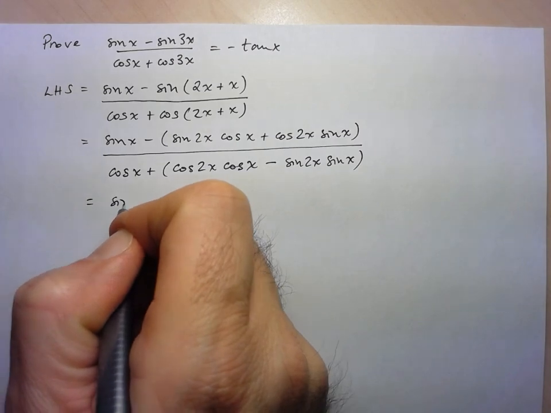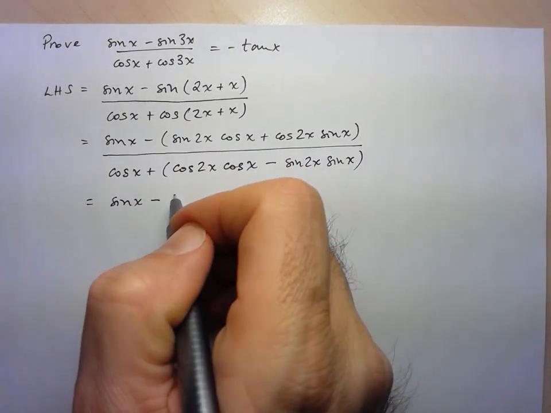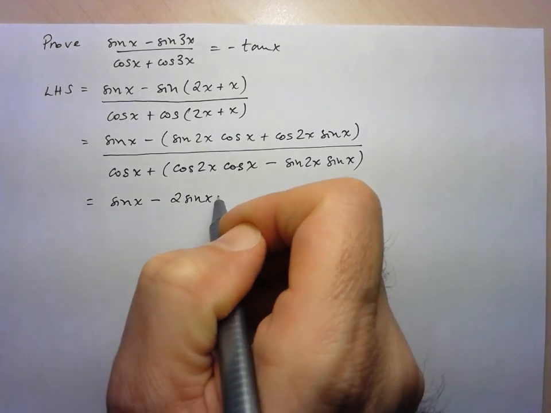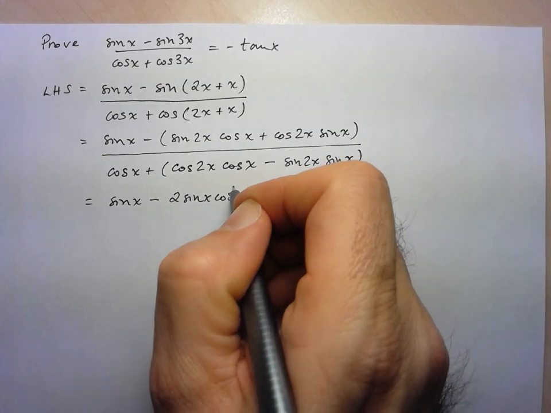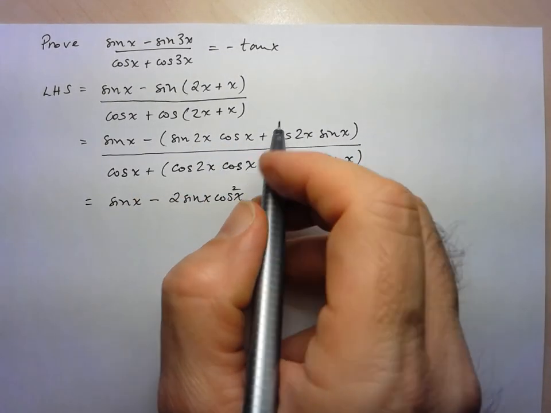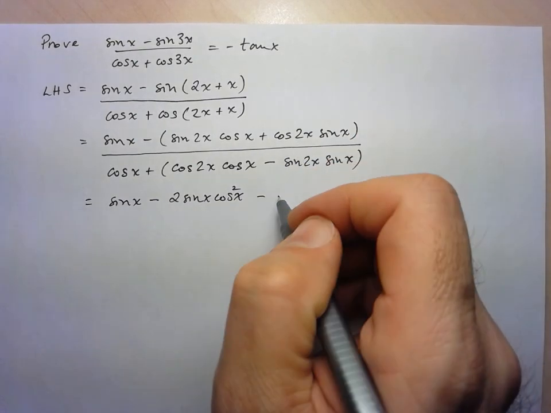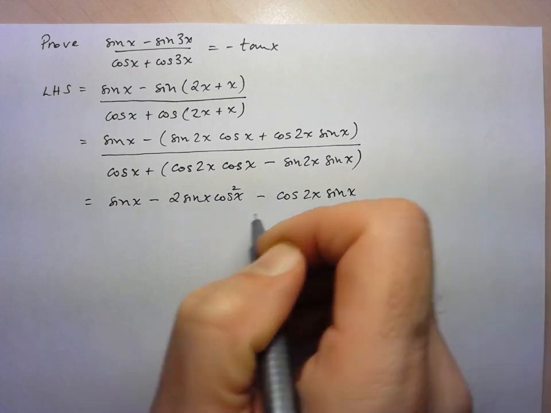So here I've got sine x, and then minus, this is just going to be 2 sine x cos x, my sine double angle formula, times another cos x, so that's going to be cos squared x. And then don't forget minus, like I said, I'll leave cos 2x on its own.